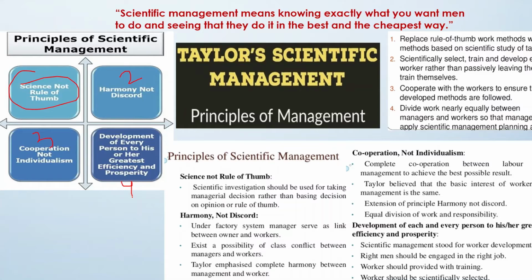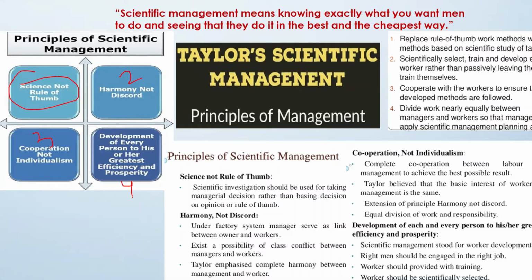Under factory system, managers serve as link between owner and workers. There exists a possibility of class conflict between managers and workers. So Taylor emphasized complete harmony between management and worker. When there is a factory, the managers are playing a very important role.